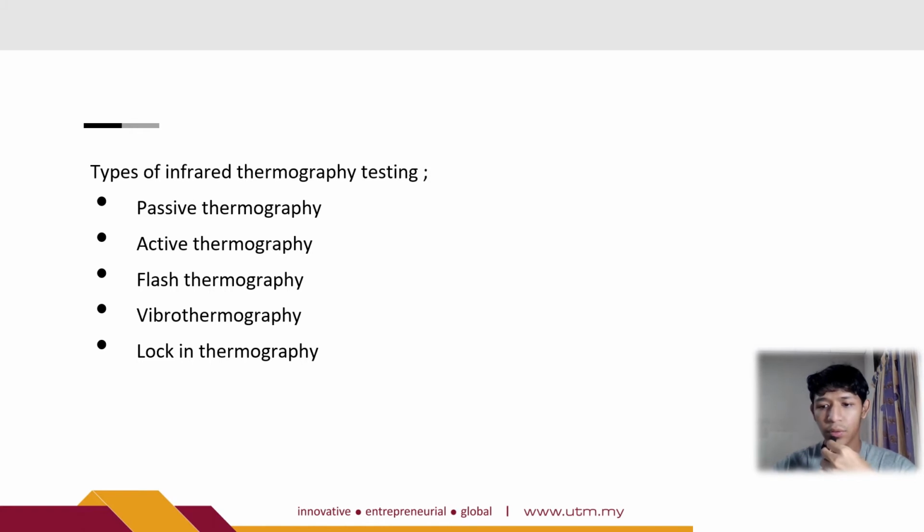Next, we move on to the types of infrared thermography. Firstly, passive involves testing the component during or after operation, and this process does not require external sources to work. And active thermography requires external energy to produce thermal variance so that it will have different results.